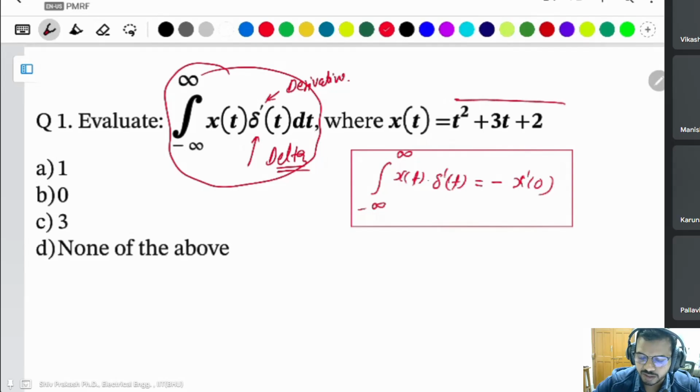X dot 0 means taking the differentiation of this one, then putting the 0 value in place of t. This is 2t plus 3, plus 2 differentiates to 0, since the differentiation of a constant is 0. If you put t equal to 0, 3 is the answer.